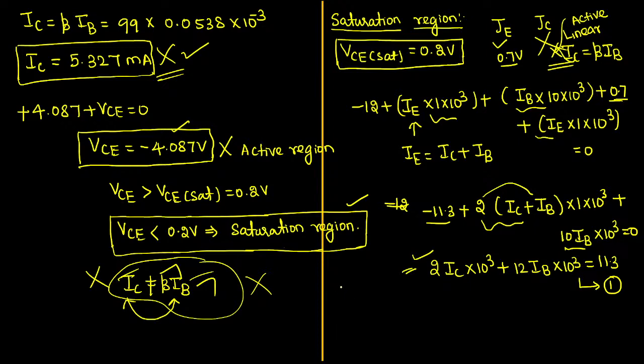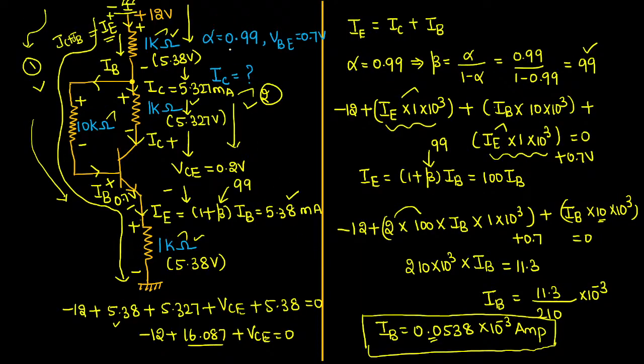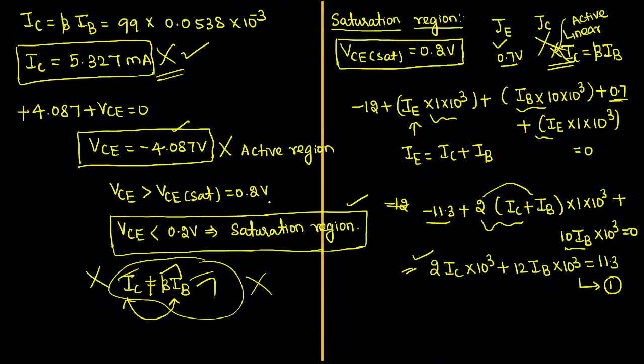Fine, sir. Now apply the same thing for the second loop. Again 12 voltage, 1 kilo ohm, 1 kilo ohm. Collector to emitter voltage we know, again 1 kilo ohm. So totally we will have 3 1 kilo ohm.